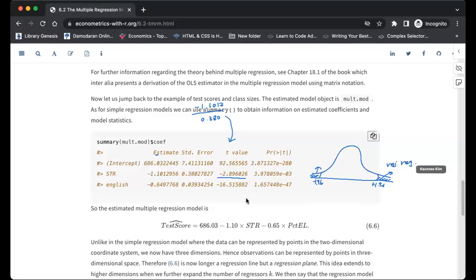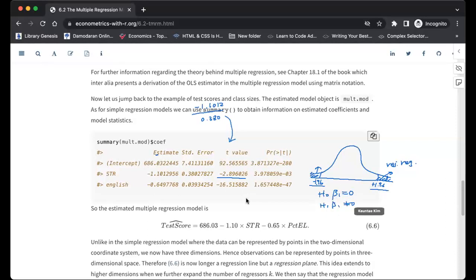If the t value is less than negative 1.96 or more than 1.96, within this area we can safely reject our null hypothesis, which is that beta 1 is 0. The alternative is that beta 1 is not 0.